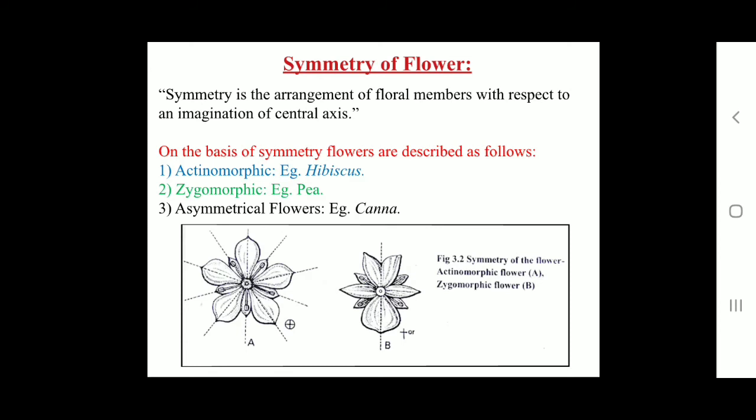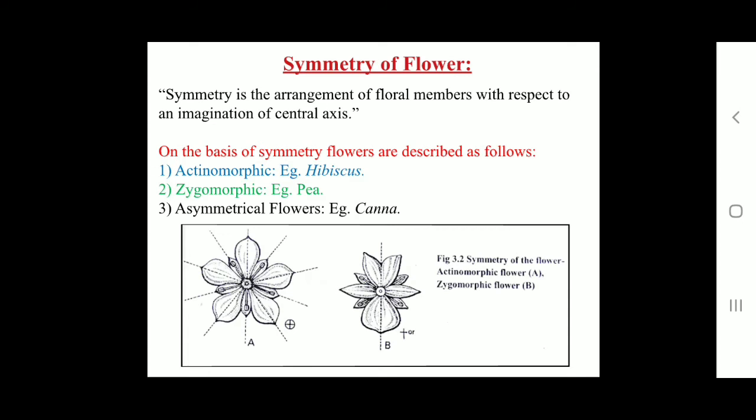The number, shape, size and arrangement of floral leaves in a flower determines its symmetry, and on the basis of symmetry flowers are described as actinomorphic flower, zygomorphic flower and asymmetrical flower. So first we see what is actinomorphic flower.